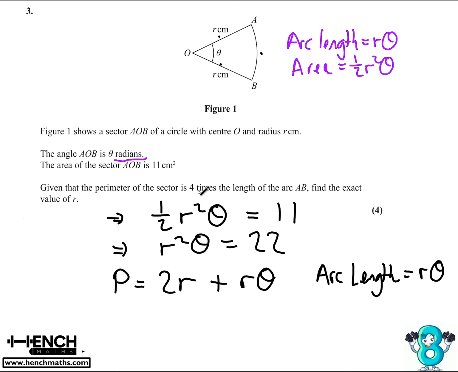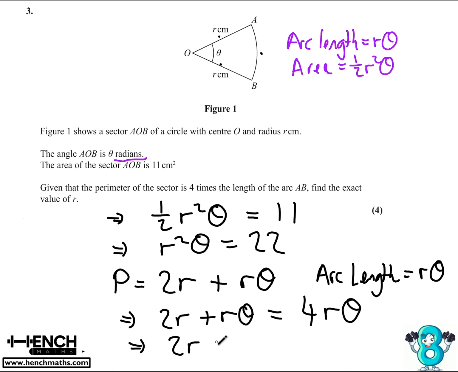So it says the perimeter is 4 times the arc length. So we can make an equation. So 2R plus R theta must be the same as 4 multiplied by the arc length. So 4R theta. So from this, we can say that 2R is equal to 3R theta. We can actually cancel out the R's here, and we get that theta is equal to 2/3.